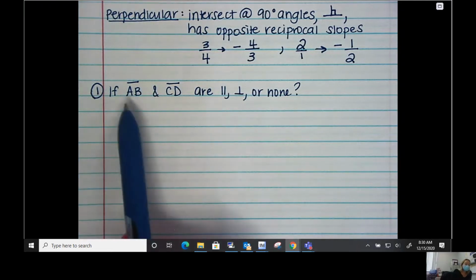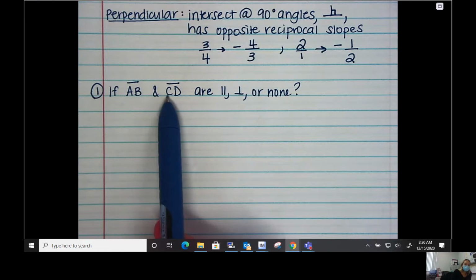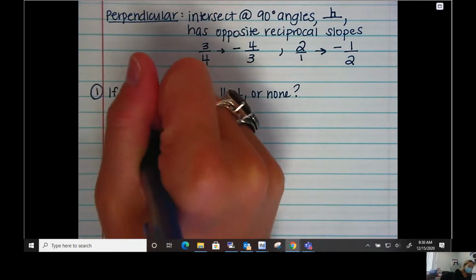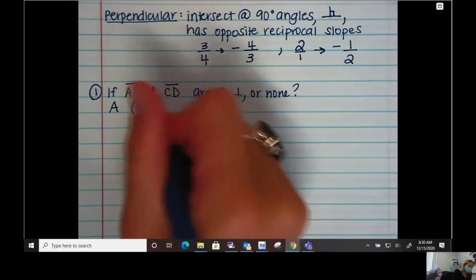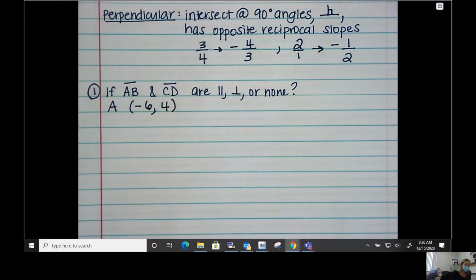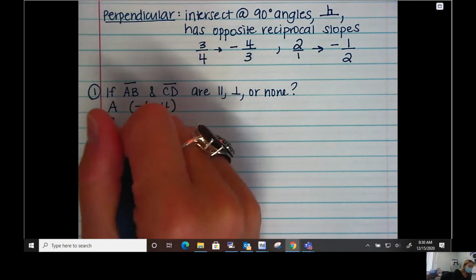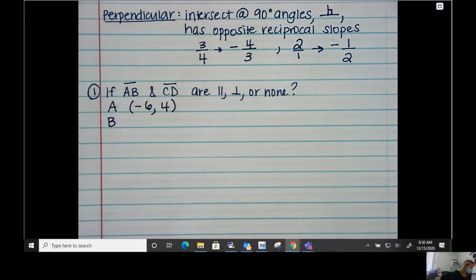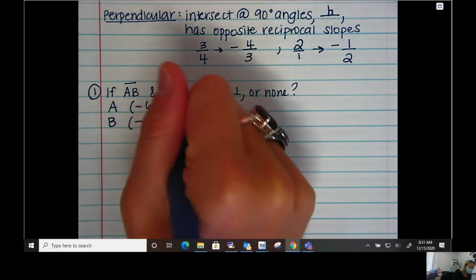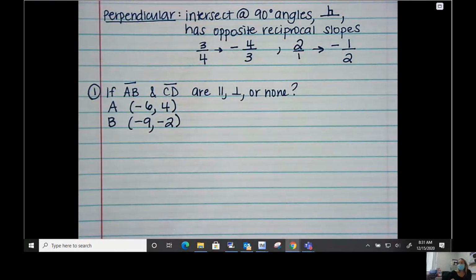Okay, so I'm going to give you the coordinates of A, B, C, and D. So coordinate A is (-6, 4). Coordinate B is, that doesn't seem right. Oh, (-9, -2), that is right, my bad. So that's line AB.